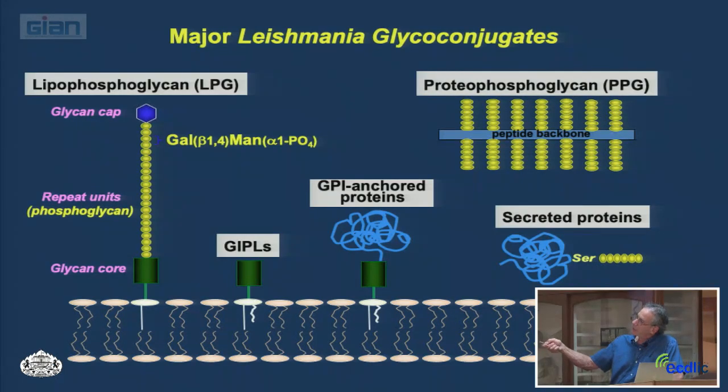And these phosphorylated disaccharide structures are in a phosphodiester linkage, so you get a polymer of these phosphodisaccharide repeat units. And you can polymerize an impressive length of these repeat unit structures, either as side chains here or as the major repeat unit structures of these LPG molecules.